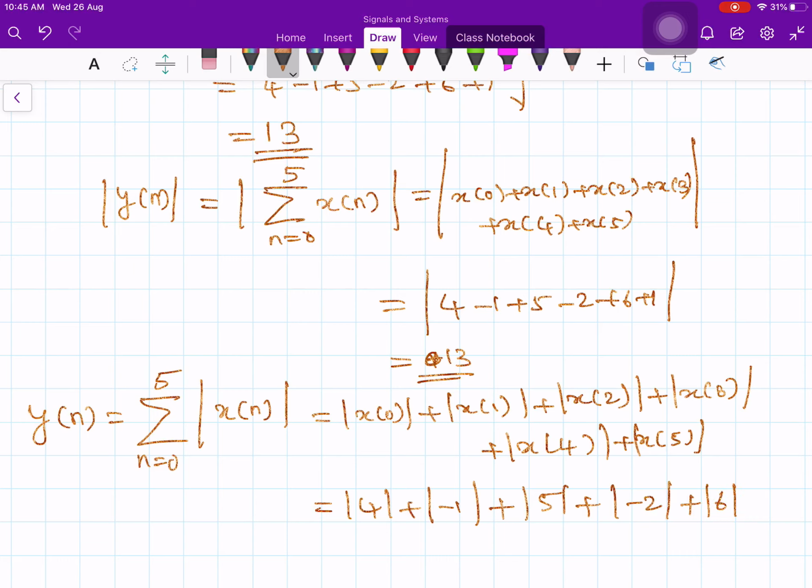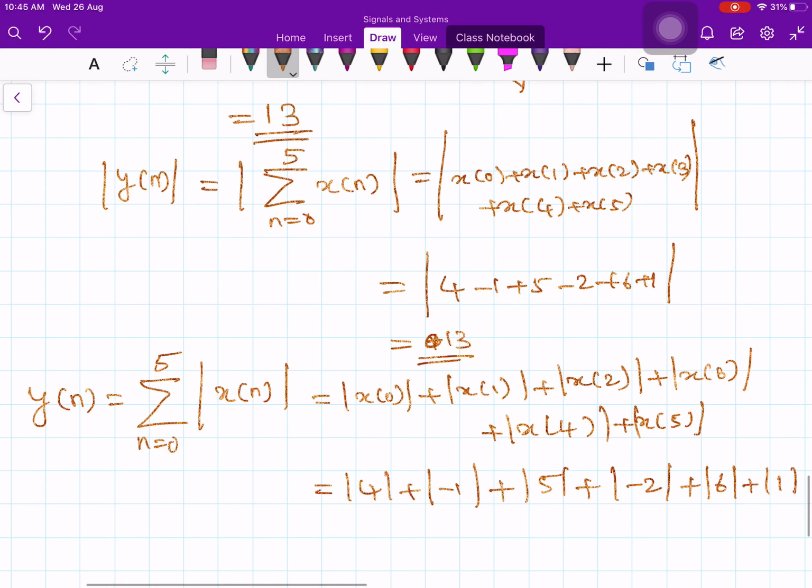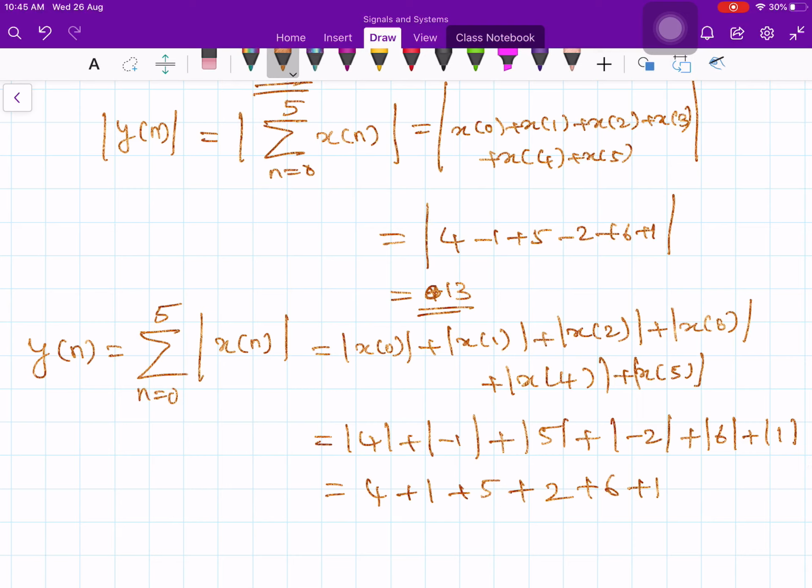Now this is again 4 plus mod of 1 minus 1 is 1 plus 5 plus 2 plus 6 plus 1. Now all become positive. So 4 plus 1 is 5, 5 plus 5 is 10, 12, 12 plus 6 is 18, 18 plus 1 is 19. Originally this result is like this.